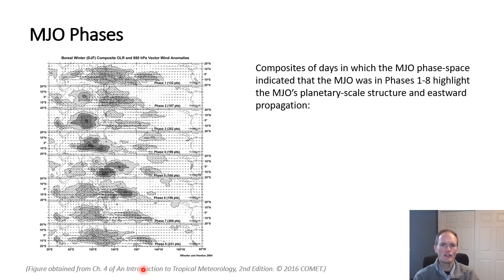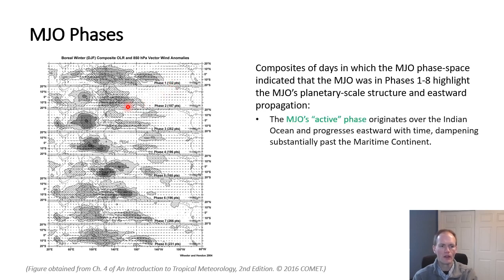So finally, we can use this information to go back in time and identify days in which the Madden-Julian oscillation was in any of those 8 phases for its active contribution. And so that allows us to create climatologies or composites of fields such as outgoing long-wave radiation and 850 hectopascal wind. In this case, it's the total wind, although you could consider just the zonal wind as well.